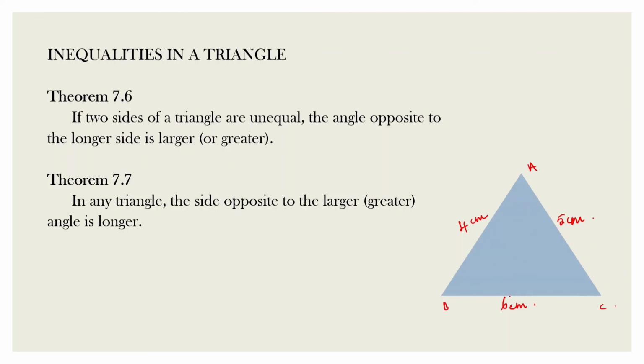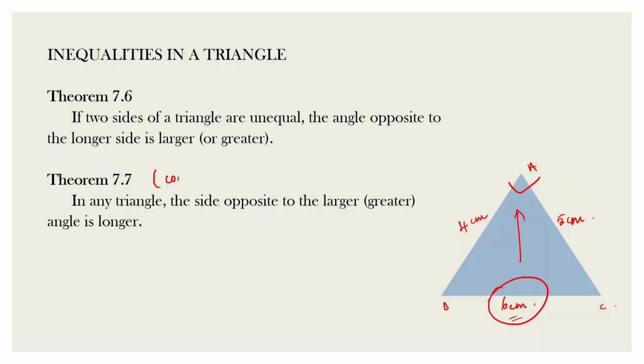The longest side in this triangle is side BC because it's 6 cm. The angle opposite to that, angle A, will be the largest angle in this triangle. Why? Because it's directly opposite to the longer side. Thus, by theorem 7.6, in triangle ABC, angle A will be the largest angle.